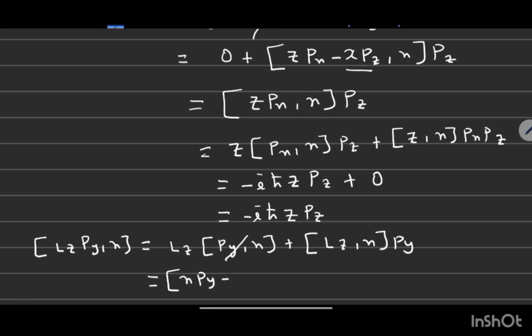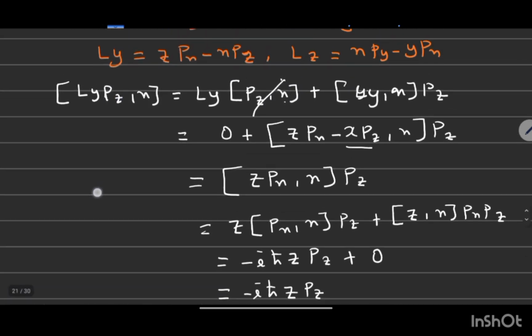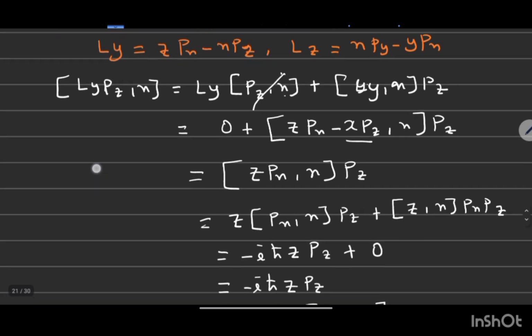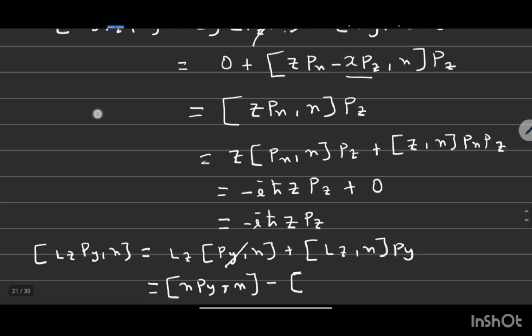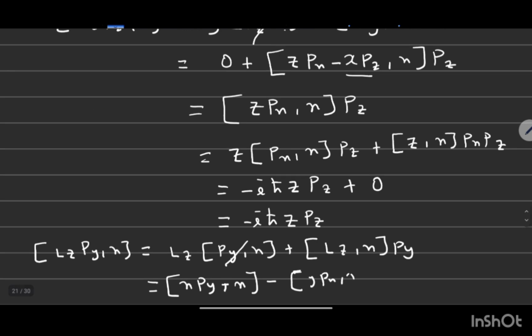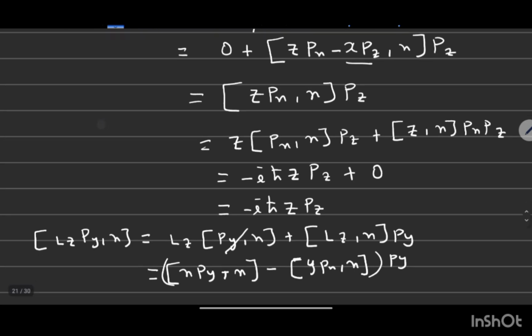So we will apply the distributive linearity property and separate it out: x Py comma x, minus y Px comma x Py. Since the first term contains x, they commute with each other, and we have only this term here.